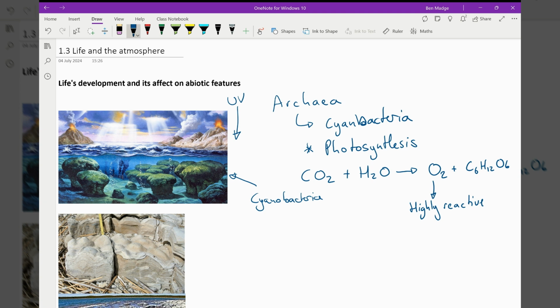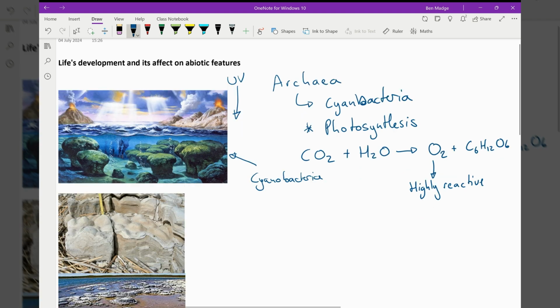And you see sort of sun rays coming in. You see all the volcanic activity around there producing more CO2 for the atmosphere, and sort of bubbles coming up, and that's the oxygen being produced.